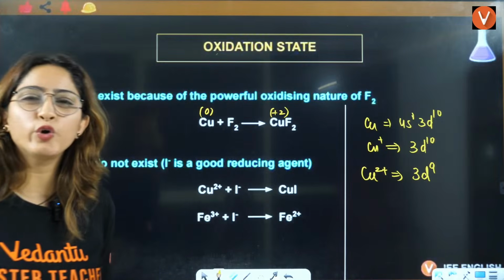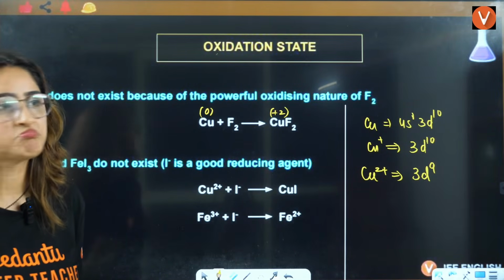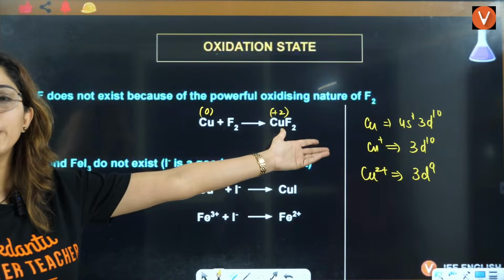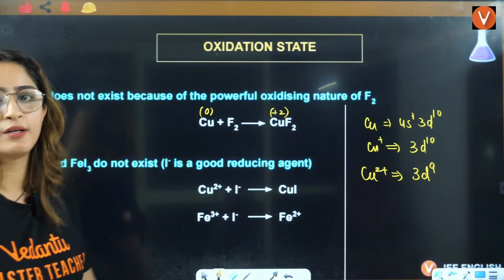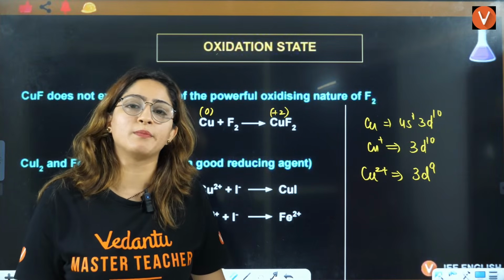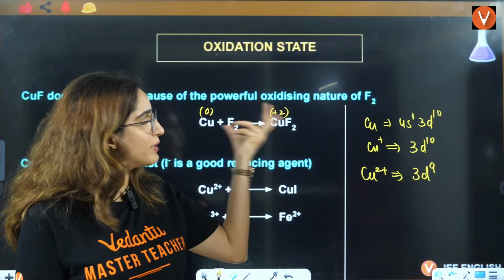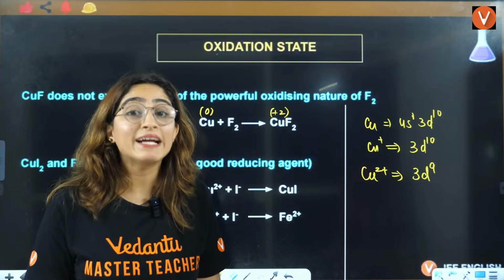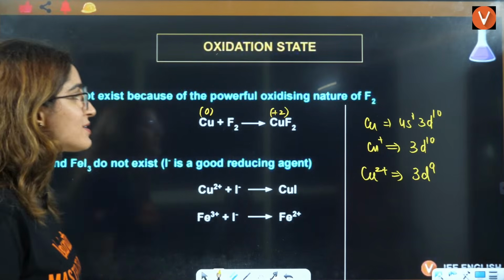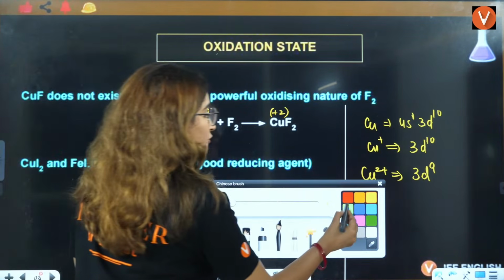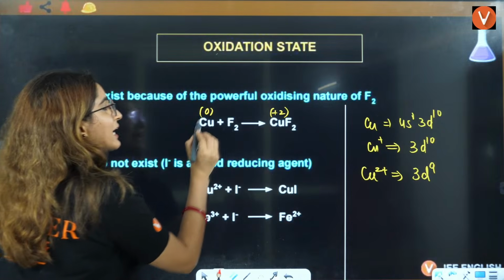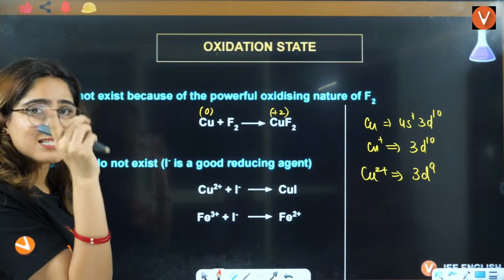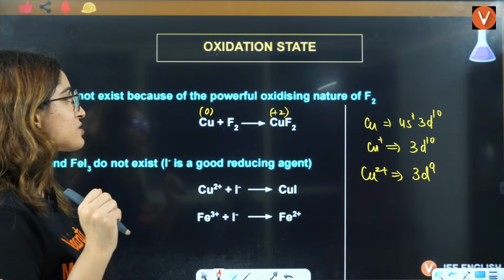Now, according to you, which should be more stable? Copper positive should be more stable. But how come Cu2 positive is more stable? Why is this getting converted to Cu2 positive instead of Cu positive?